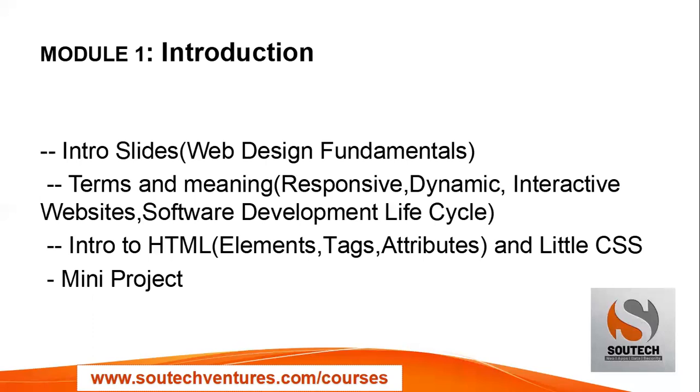You want to understand terms like a website being dynamic. A dynamic website can serve different types of content for different purposes or different uses. Take, for instance, an e-commerce website. It is a dynamic website because what Mr. A is doing is not what Mr. B is doing. What I'm going to have in my cart is going to be different from what you're going to have in your cart.